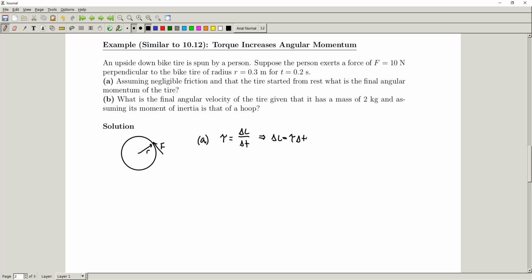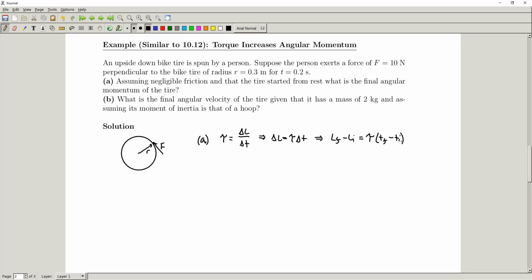And now if we split up our delta L, we know that delta L is just L final minus L initial, and this is going to be equal to tau delta T, right? We could break up the delta T also. It'll be time final minus time initial, right?